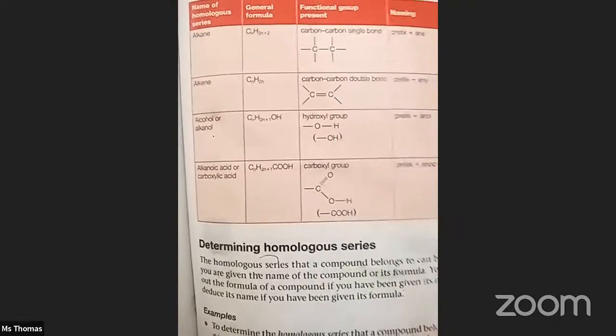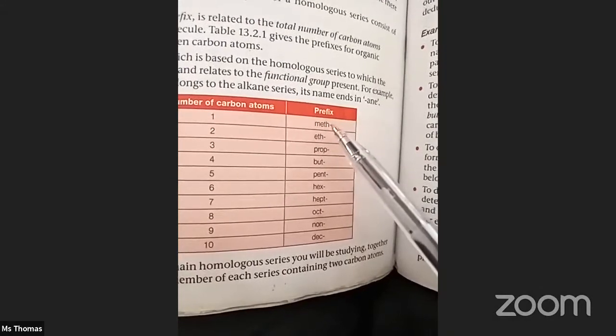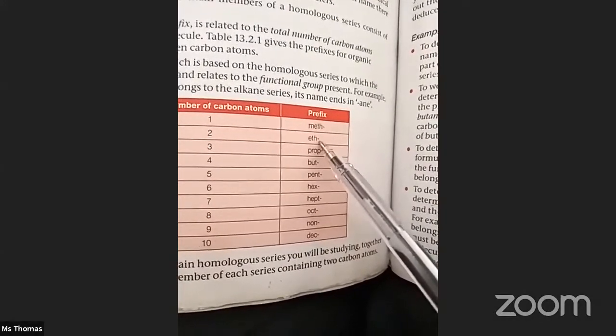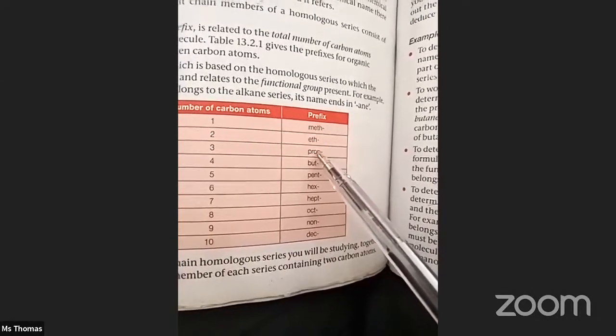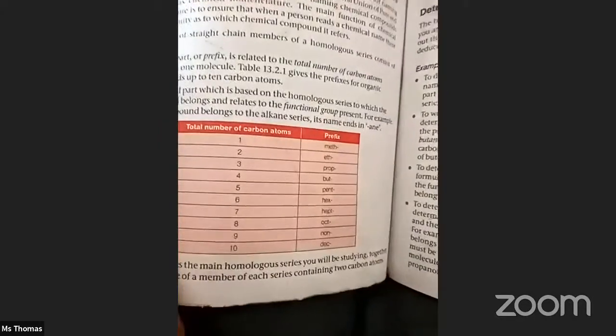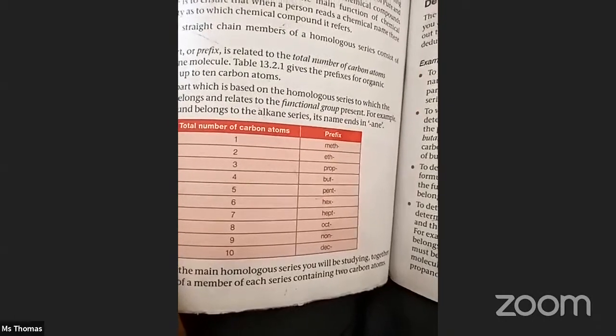All right. And you also learned that you have prefixes that go with the number of carbons inside the compound. If you have 1 carbon, it's meth, 2 eth, 3 prop, 4 but, 5 pent, 6 hex, 7 hept, 8 oct, 9 non, and 10 dec.